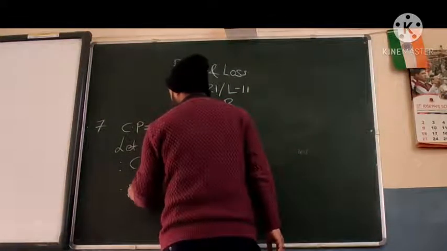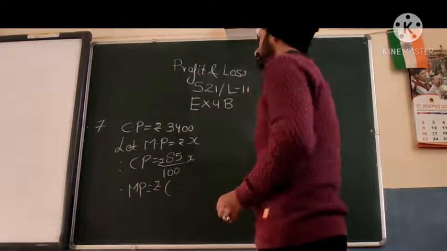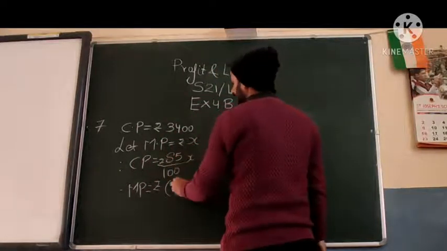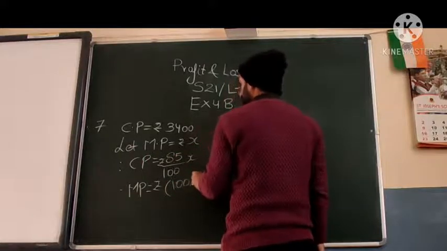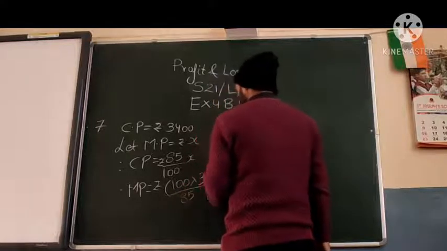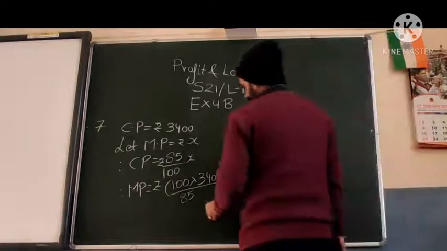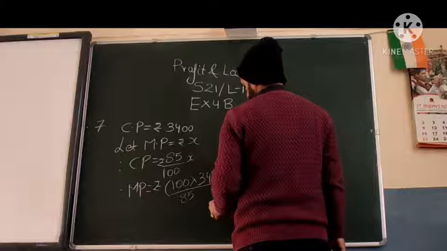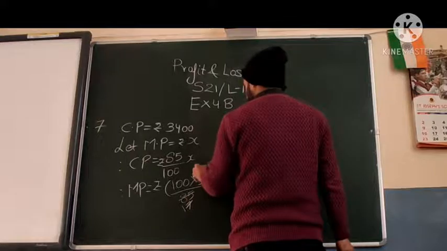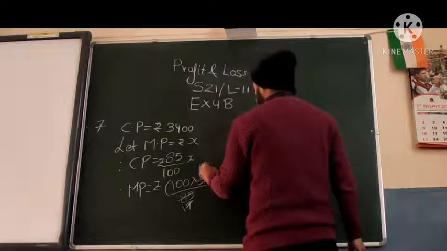Therefore, MP equal to rupees, using this formula, 100 into CP, which is what? 3400 by 85. 5 and 5, 3, 8, 5 is 35, then 5, 6 is 30, and 5 8 is 40.